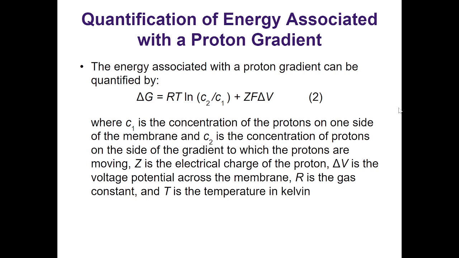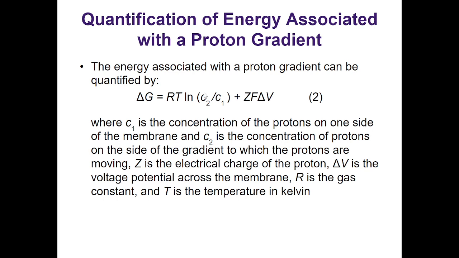The energy that's associated with the proton gradient can actually be quantified. So delta G would equal RT, the natural log of the concentration 2 over the concentration 1, so the concentration on one side versus the other, plus Z, Faraday's constant, and then the change in V, which is the voltage potential across the membrane.